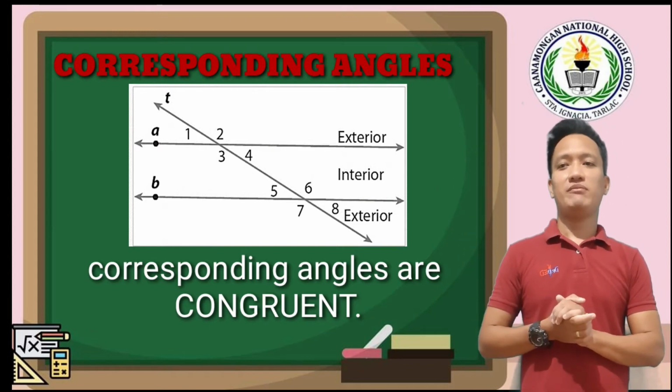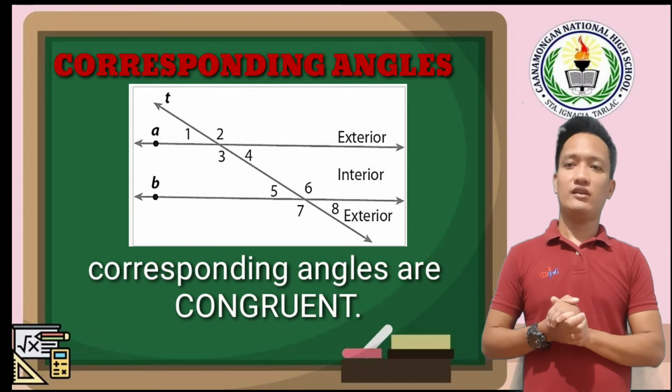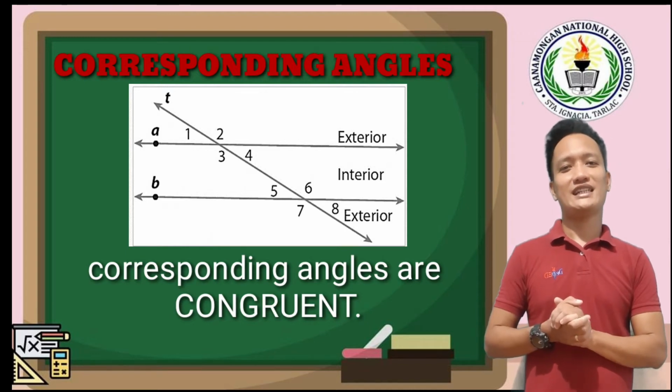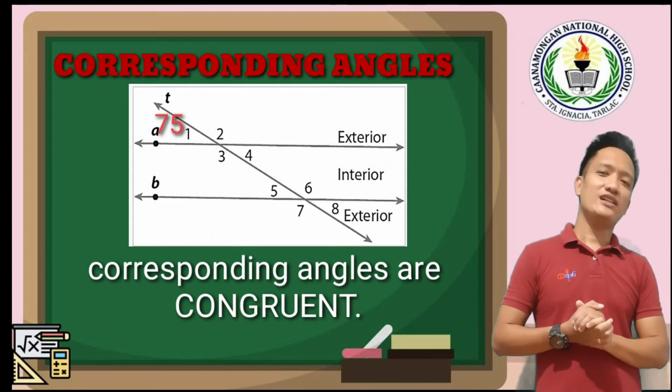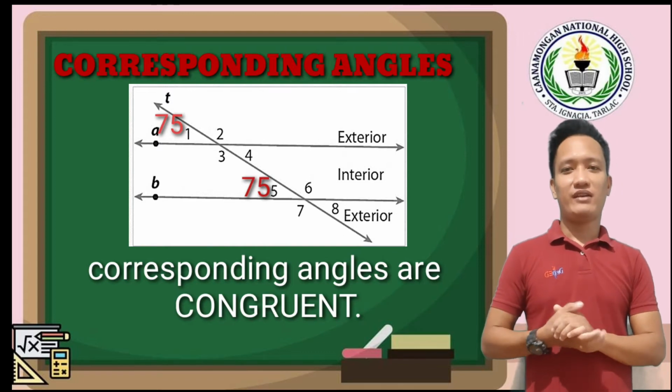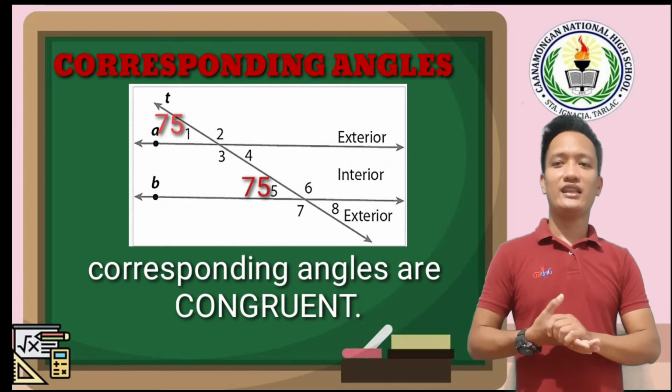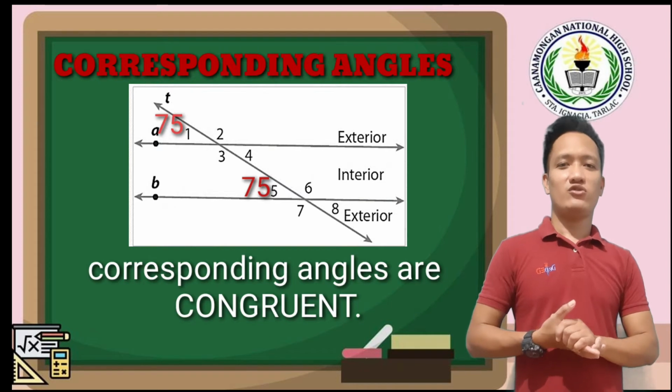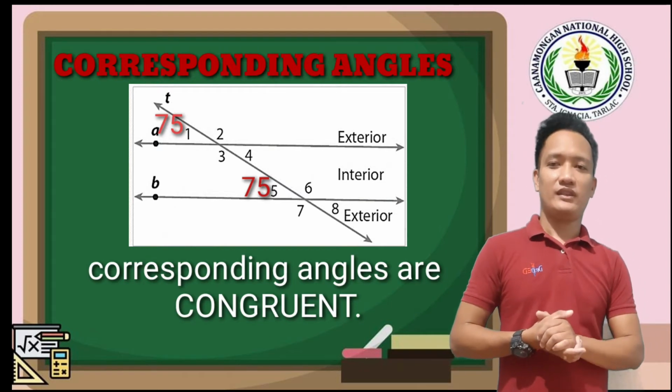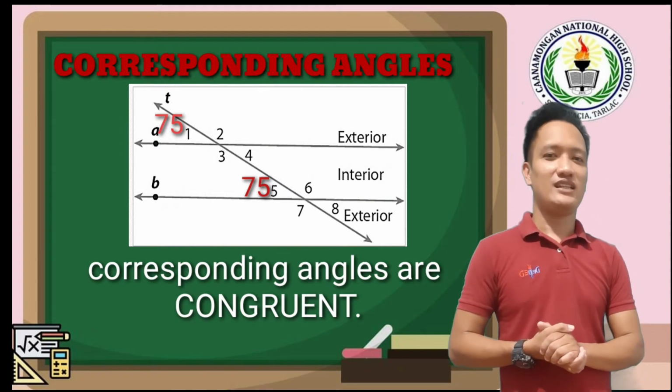So, siyempre, kung 90 or kung 75 degrees ang angle 1, ang angle 5 naman ay 75 degrees din. Since alternate exterior angles are congruent. So, tandaan natin yon. Huwag natin kalimutan.